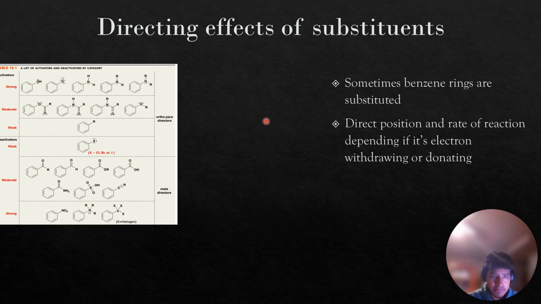If it's an electron donating group, it's called an activator because not only does it direct the halogen, it actually activates the ring to react faster. There are two possible positions on the ring.